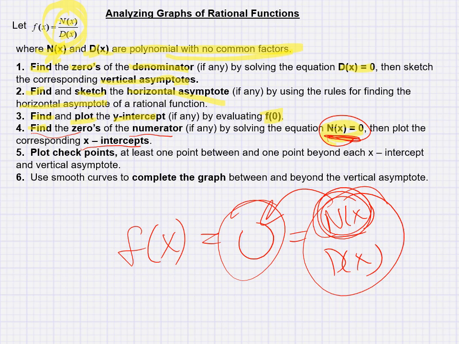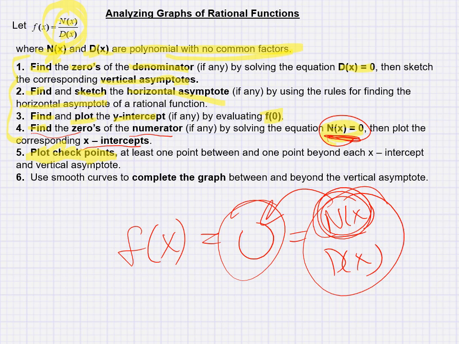Finally, there will be some missing parts that still need to be filled in, because steps 1 through 4 won't necessarily give us everything. So we're going to want to plot some checkpoints to fill in some of the missing pieces.